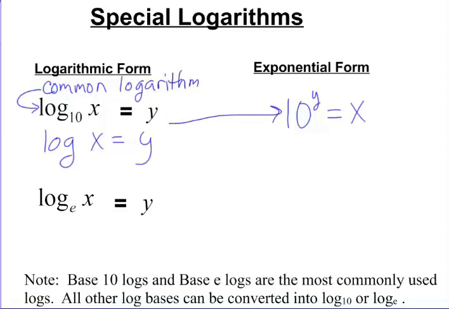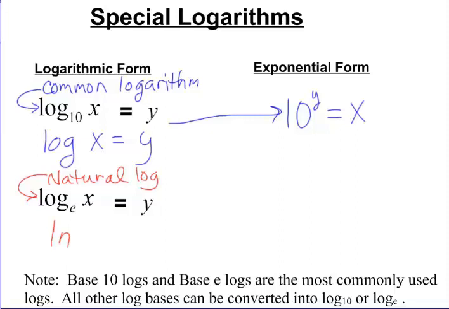The next one, the log base e. This is called the natural log. Another common one that's used, and typically it's abbreviated as ln. N refers to the natural part, L for the logarithm.